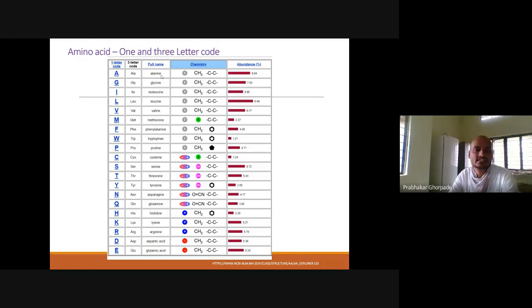Alanine is represented by ALA, the first three letters of the amino acid.